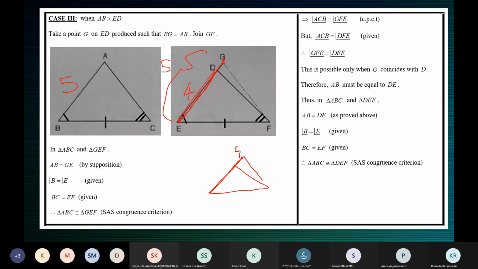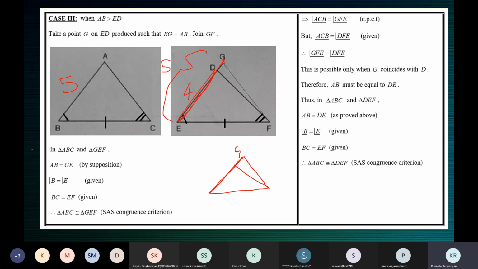Join GF. So in this case where AB is greater than ED, we take a point G on ED produced so that GE is equal to AB, and join FG.